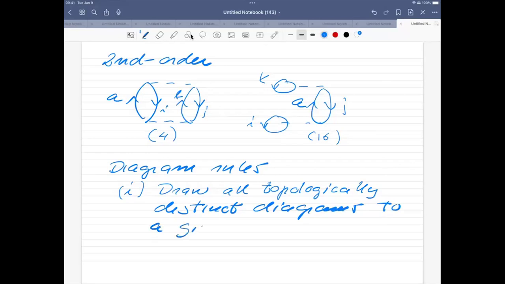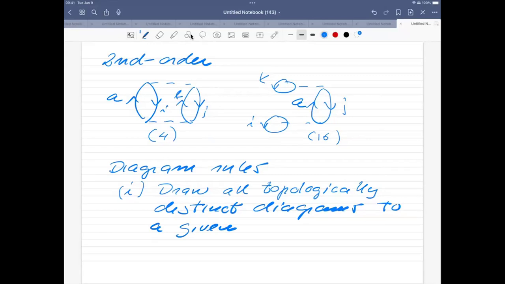And now we need to have some additional rules here. So what we mean by the topologically distinct diagrams, so let me just fetch my notes on that, just a moment. Just a small moment, I just need to scroll back and find my notes here.